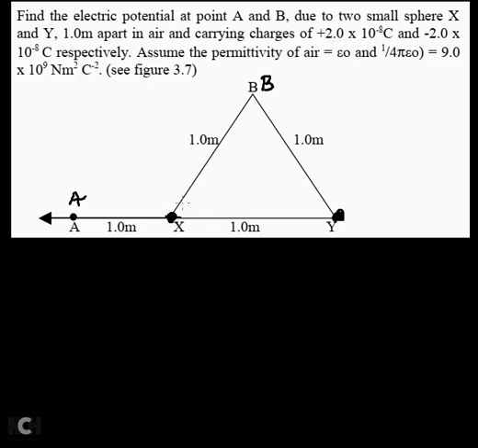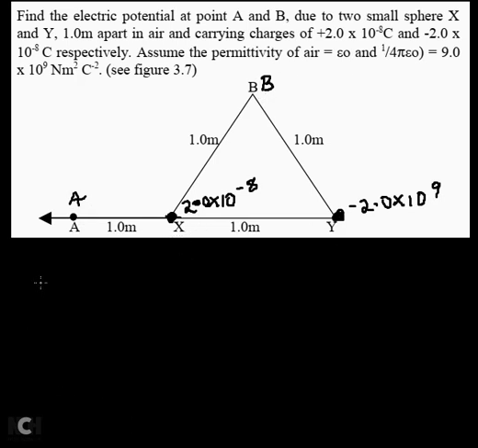That means the sphere at X has a charge of plus 2.0 times 10 to the power minus 8, and the sphere at Y has a charge of minus 2.0 times 10 to the power minus 8. We are being asked to find the electric potential at point A and point B due to these charges, and I believe that will be very simple.